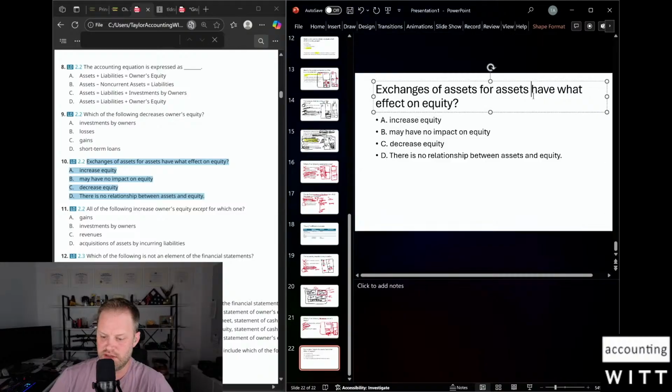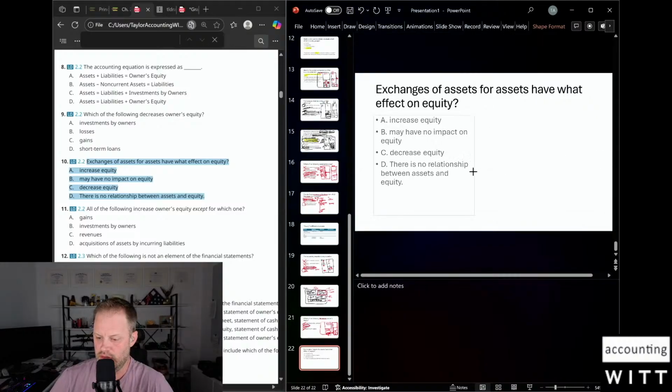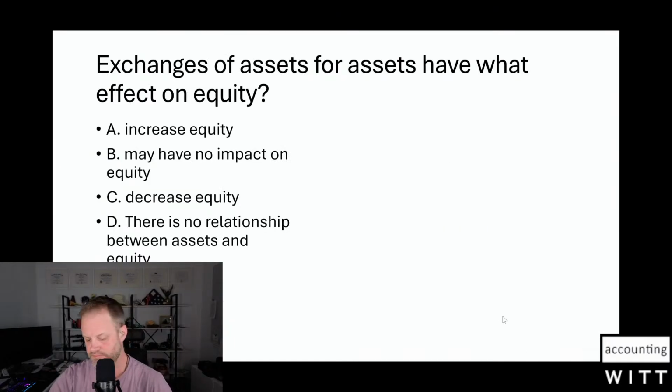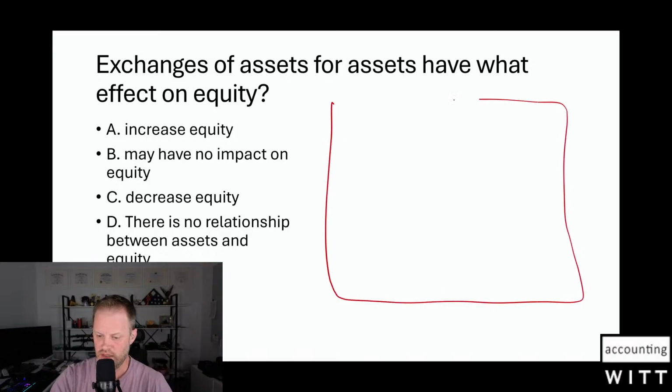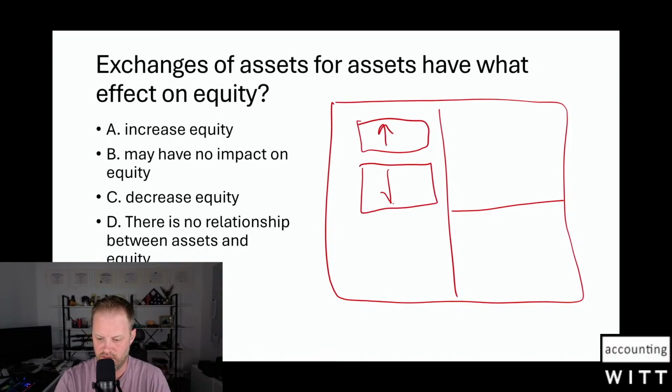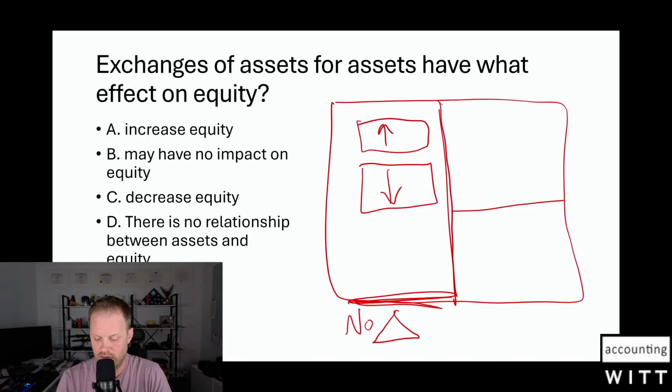Exchanges of assets for assets have what effect on equity? Well, if this asset goes up for the same amount that this one goes down, the total has not changed. No change. So there's no change on the other side.